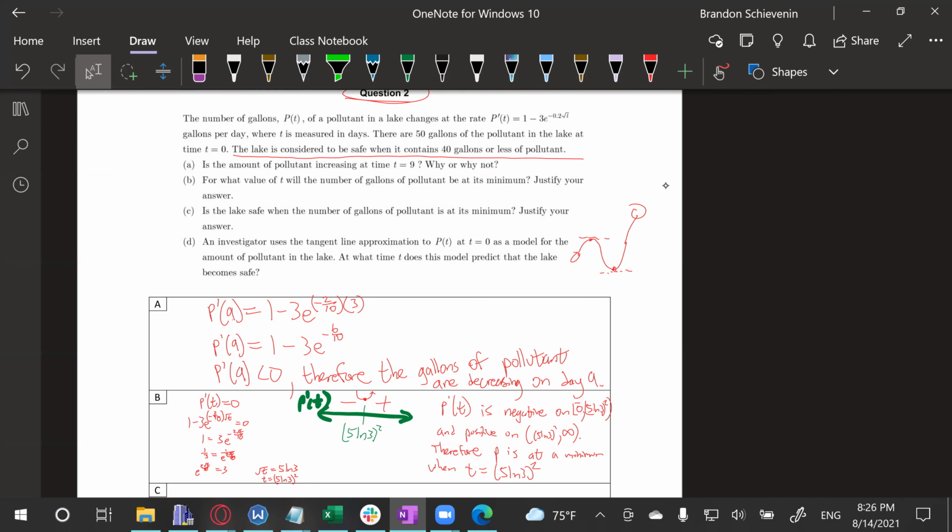We said P is at a minimum when T is 5 ln 3 squared. Okay, not sure. In order to be safe, the lake needs to have less than 40 gallons of pollutant, or 40 gallons exactly.